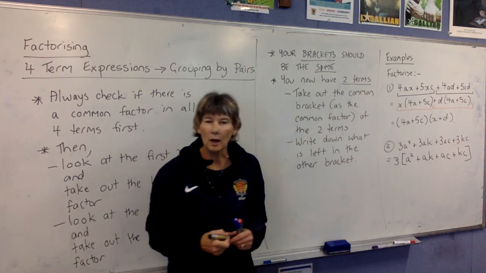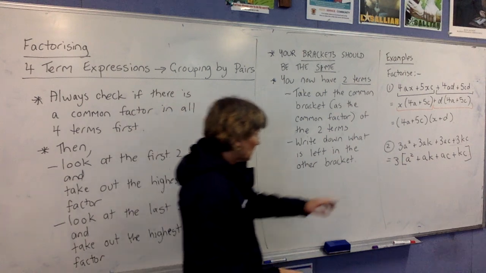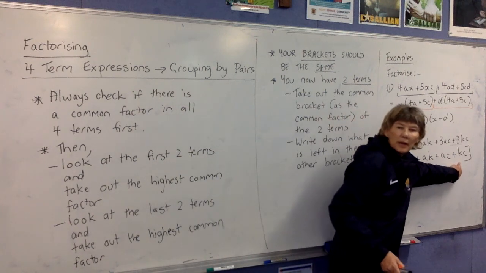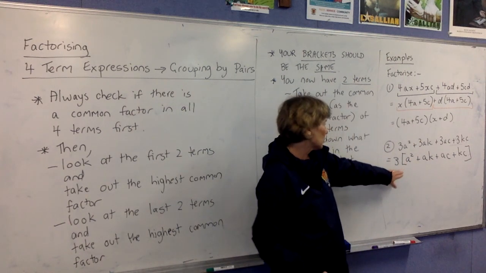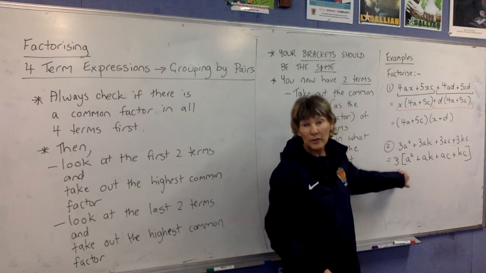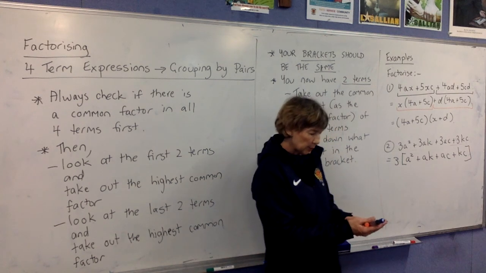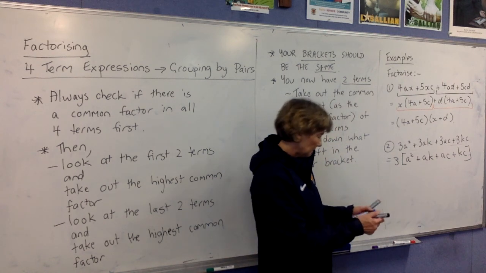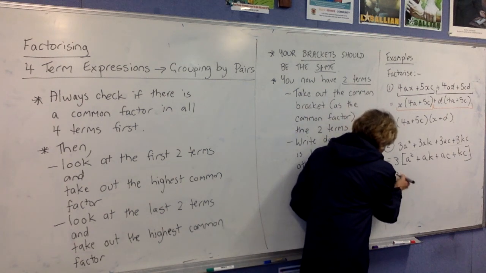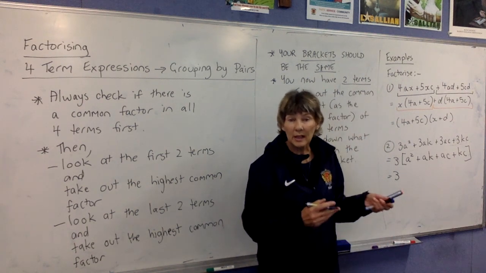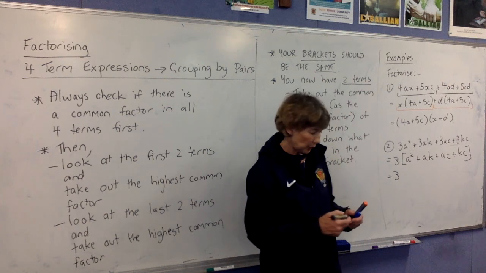Now, if you look inside this square bracket here, there's nothing else that I should have taken out as common. So we've taken out what we needed to. So now we're going to keep that 3 there. And then we're going to look at this thing inside the bracket and see if we can go further.